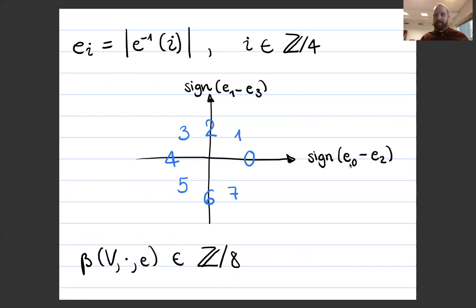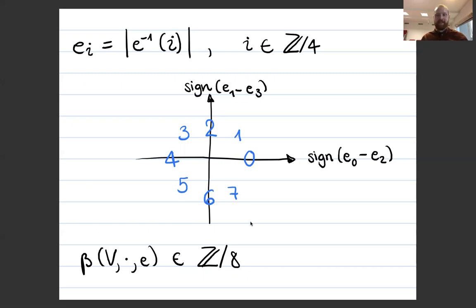You look at the sign of E0 minus E2 and the sign of E1 minus E3. It turns out that they'll never both be 0, so you'll never end up in the middle here. This is like with the Arf invariant, where they'll never be equal. Then you look on this chart. If E0 minus E2 is positive and E1 minus E3 is negative, then you end up with 7. 7 will then be your Brown invariant.